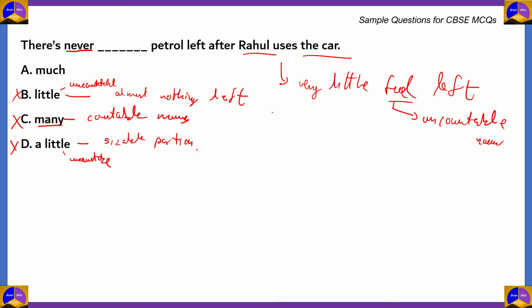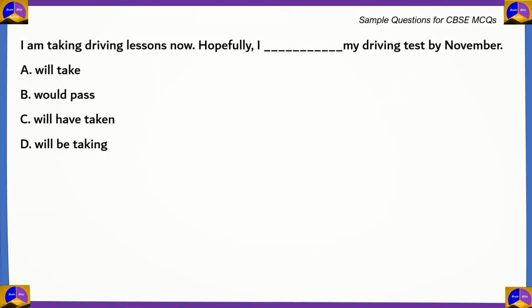So again, both of these are incorrect because the statement implies that there is very little fuel left. So therefore, option A, much, has to be the correct answer. If you say never much, then that would mean a little fuel. So there's never much fuel left after Rahul uses the car. So therefore, option A is the correct option.